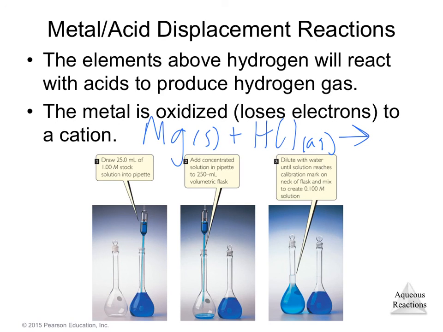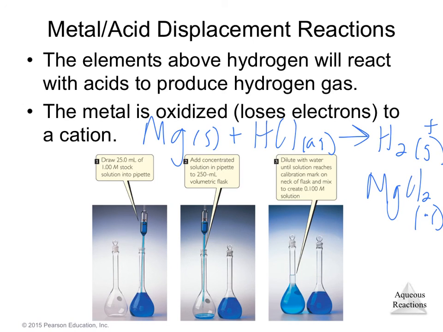And the answer is yes, because what happens is you see bubbling, which is H2 gas, and then we get MgCl2, which is in solution. And then you could go through and balance this. But any elements that are above hydrogen, like magnesium or any other group 1 or group 2 metals, they will react with acid to produce hydrogen gas.